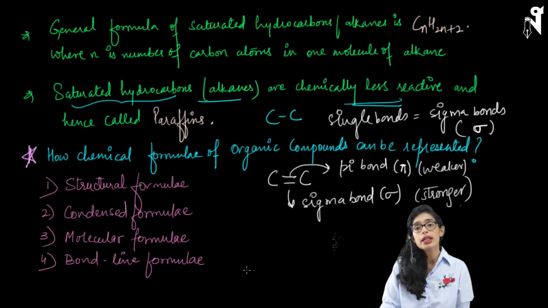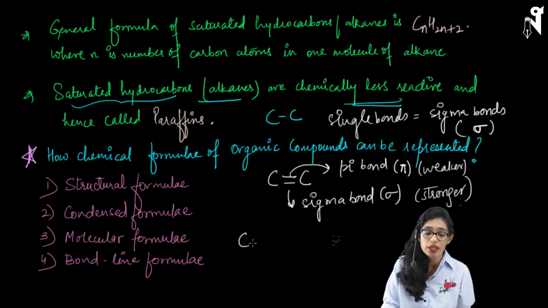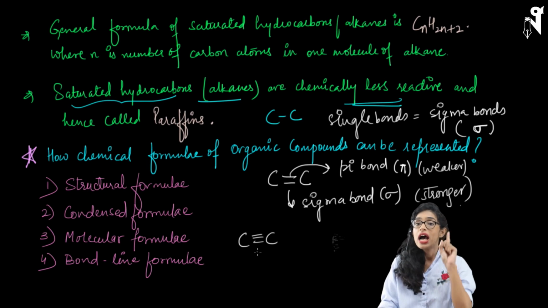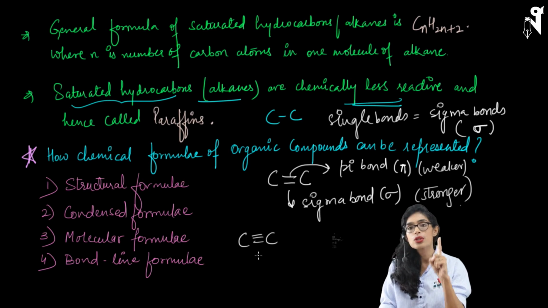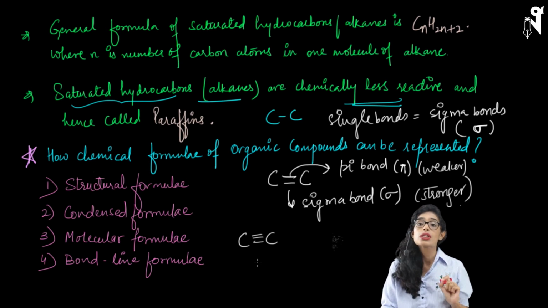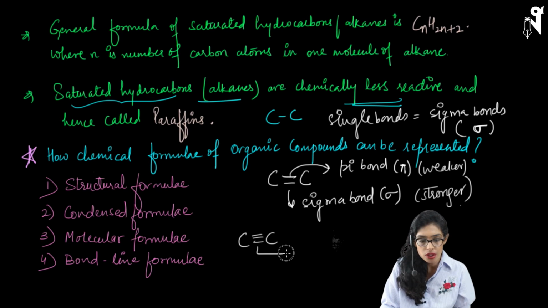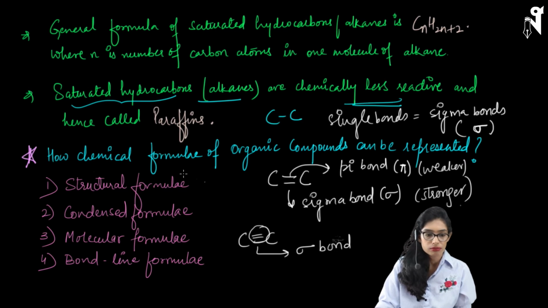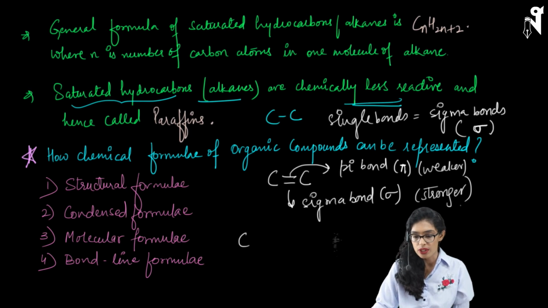Now this is not only in carbon double bond carbon, but the same thing exists in carbon triple bond carbon also. Out of three bonds, one bond is going to be a sigma bond and the remaining two bonds are going to be weak bonds. Those are pi bonds. I think I should have made it with a different color. Okay, let me just draw it once more.